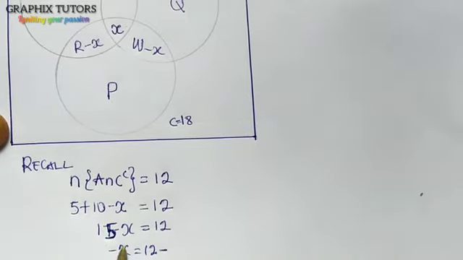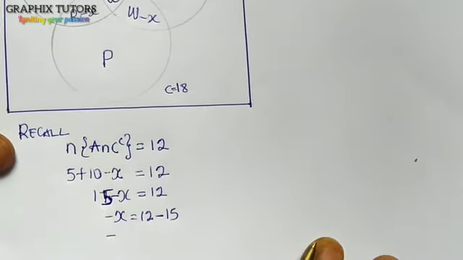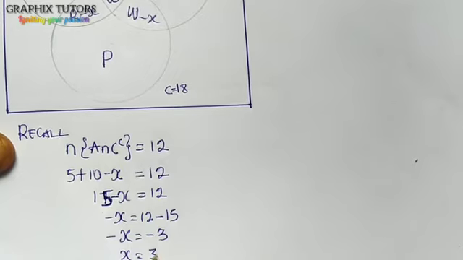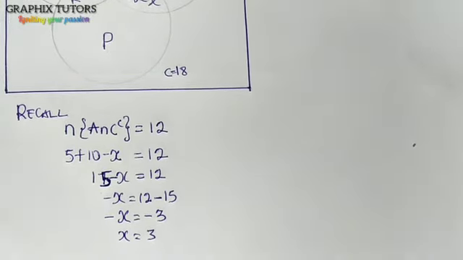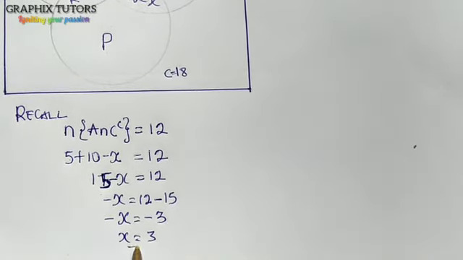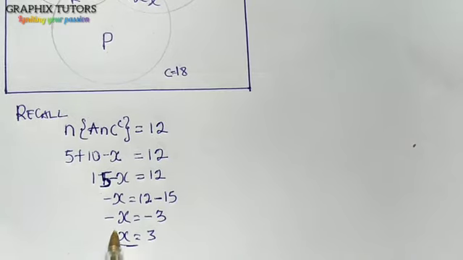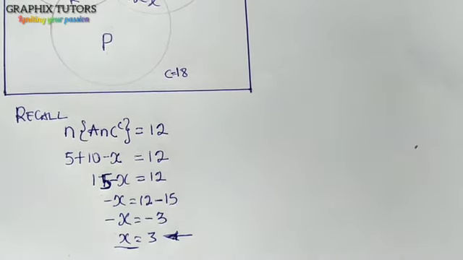That is 15. So now 12 minus 15 will give us minus X. Minus X is equal to minus 3. So X is equal to 3. So it simply means my X here is given as 3. Don't forget that. Very important aspect. So X is 3.